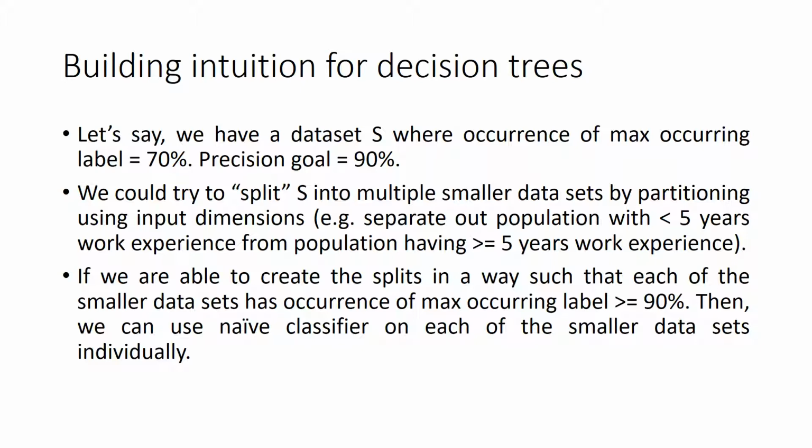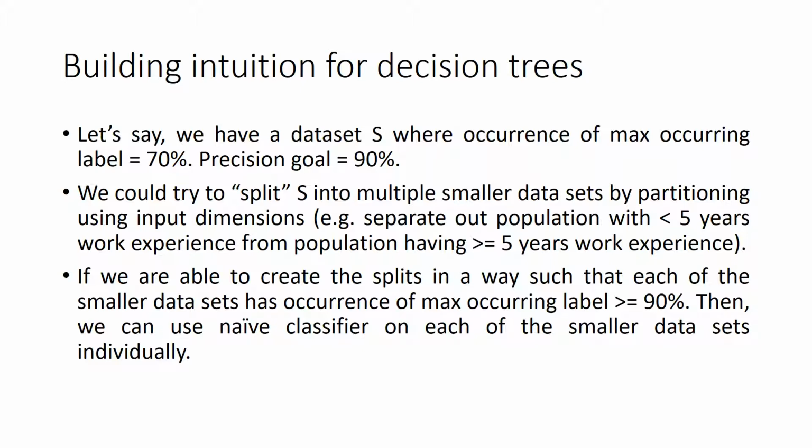All of these data sets together have 70% true, but some of these will have 90% false, some of them will have 90% true. Most of them will be in that 90% true bucket, because overall I have 70% true, but there will be some cases where I will have 90% false as well.